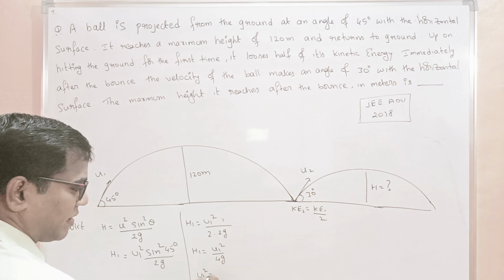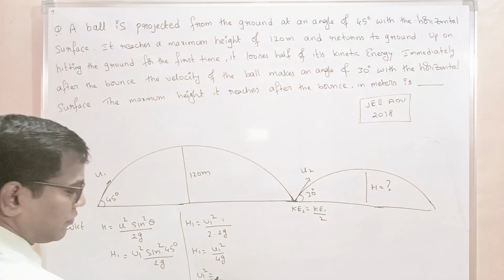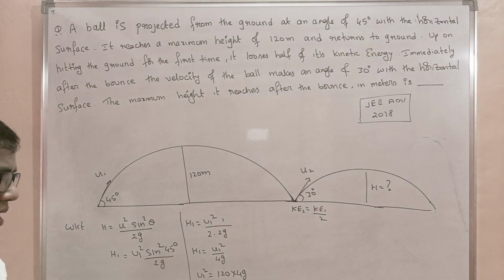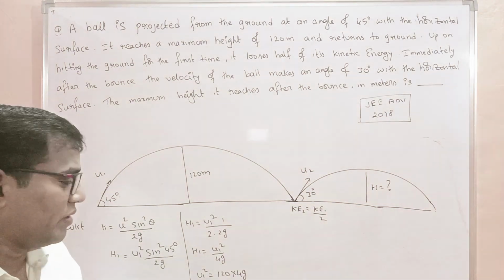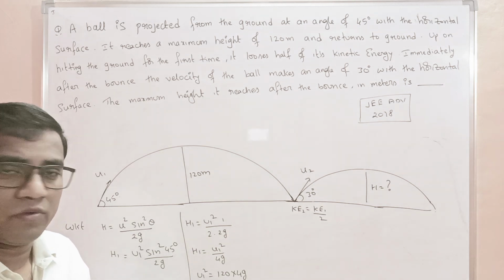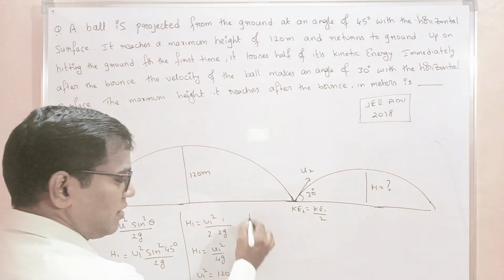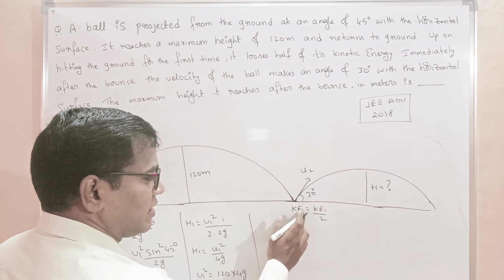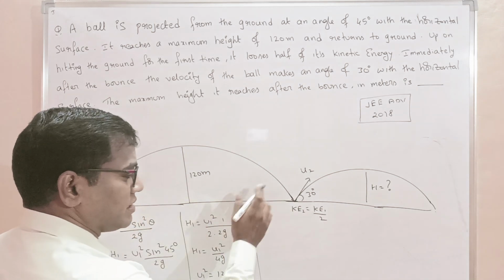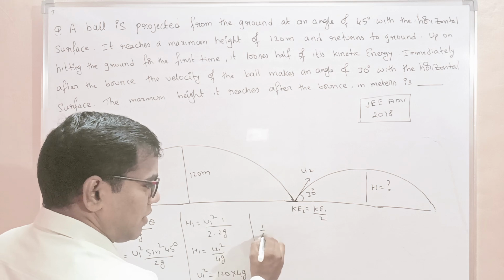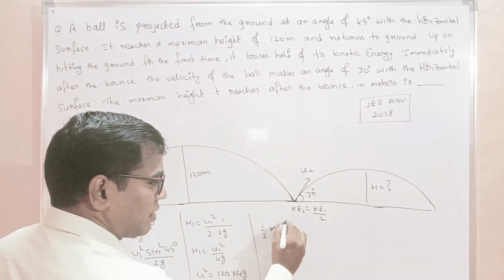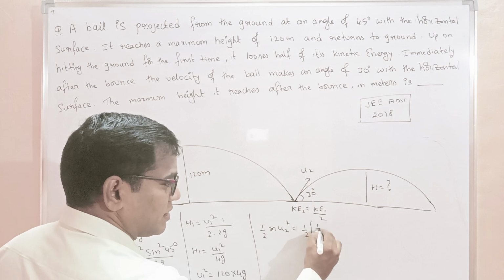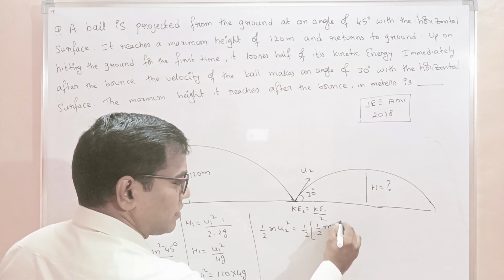So u1 square can be written as h1, which is already given as 120, into 4g. I got the u1 value. But what is given? He is given that at the time of hitting, the kinetic energy becomes half of its initial kinetic energy. So I will write half m u2 square is equal to half of the kinetic energy, half m u1 square.